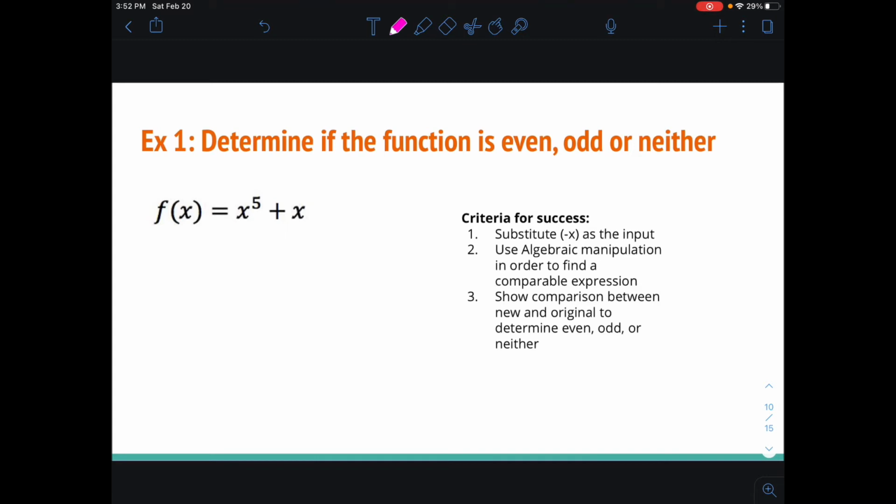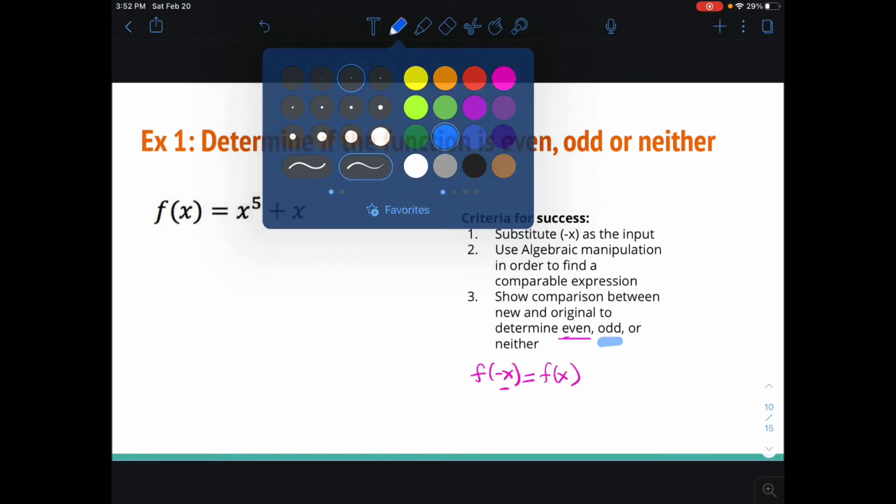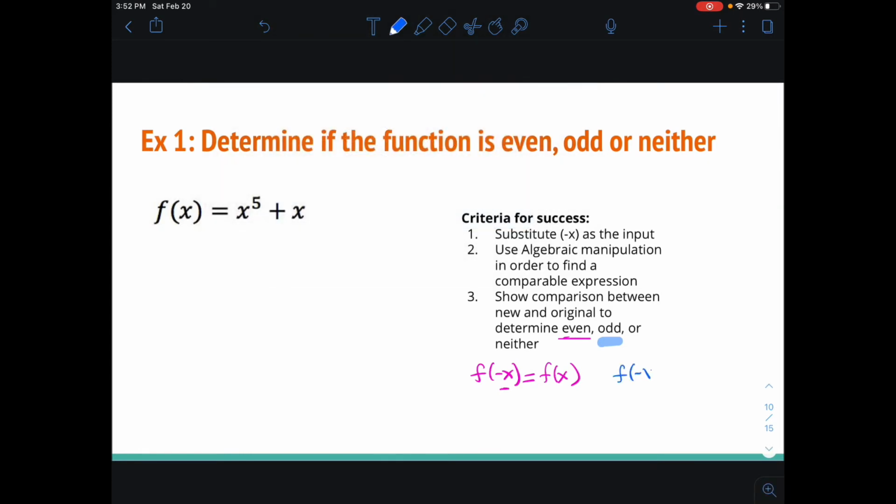So remember, with our even, you're going to show me that if I substitute the opposite of x, my outputs are the same. And if we're looking at odd, you're going to say that, hey, I substituted the opposite of x, and guess what that was equal to?